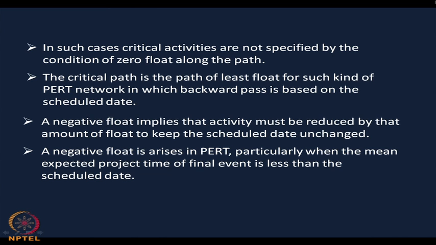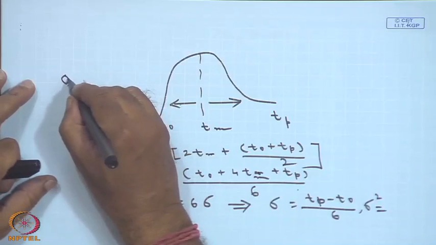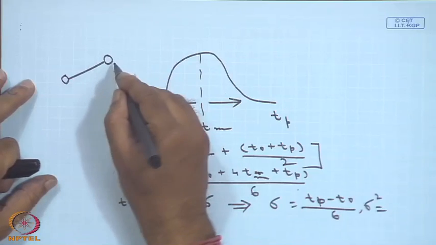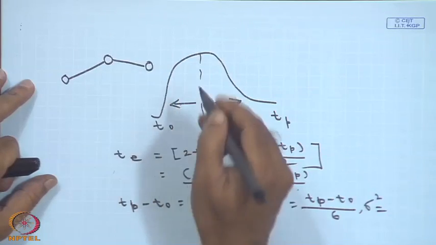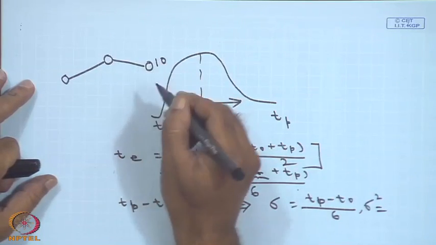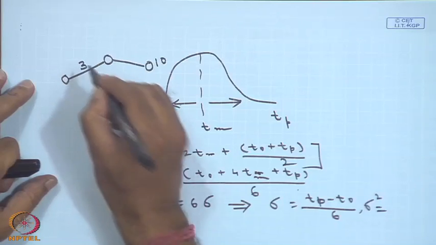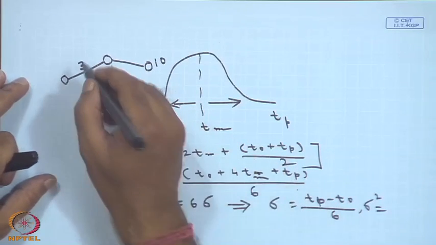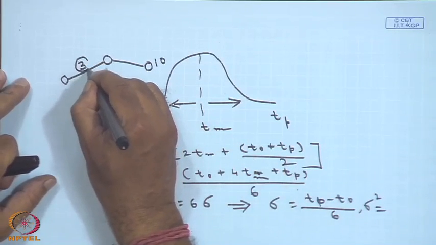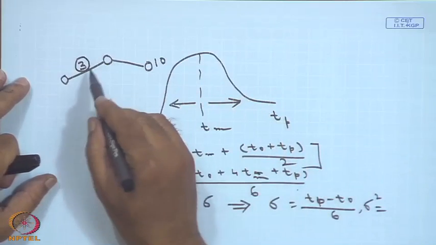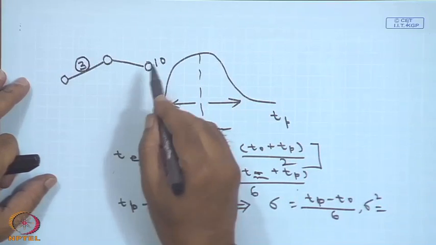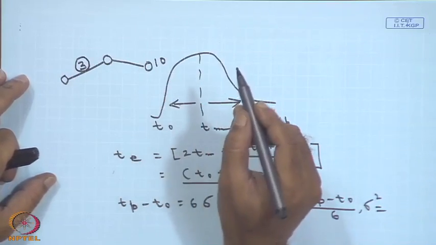Negative float means, I want to say, here you have an activity. One activity I am considering, the completion time, whatever it may be, say it is 10 days. To complete this one, it may take 3 days. So negative float means basically I can reduce this one so that it completes within the expected time.